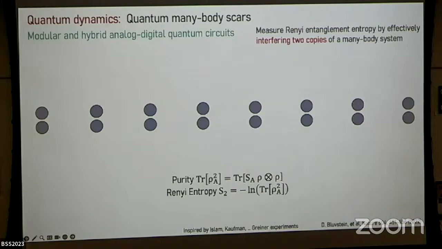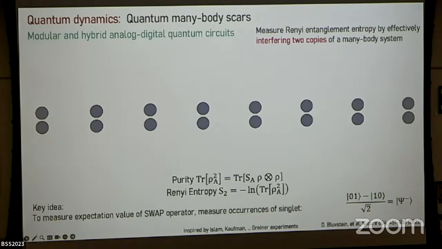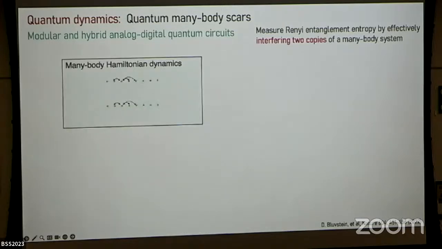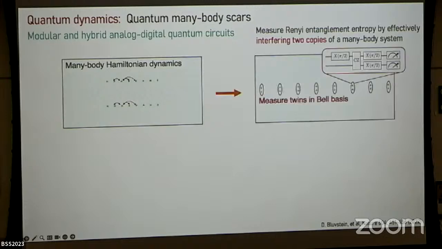Again, I'm not explaining everything, just to give you an idea, there is a way we can measure it. We have the 2 copies, we let the many-body Hamiltonian do its thing, and then we measure the twin atoms in the Bell basis to measure the swap operators.